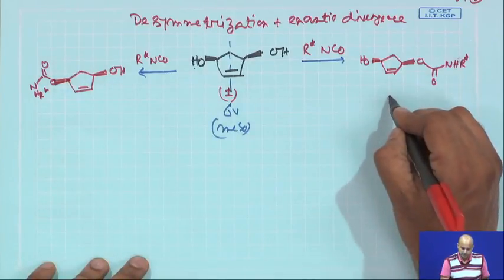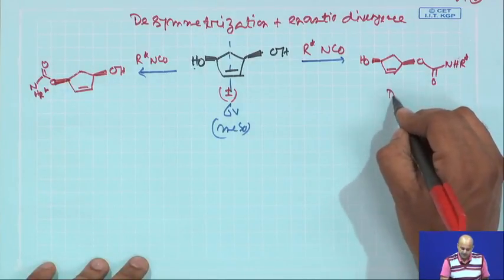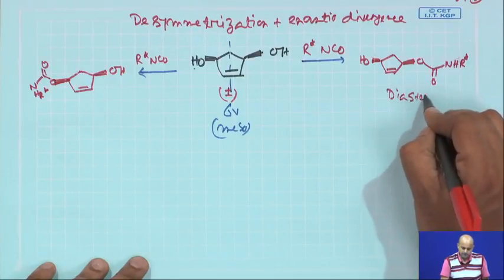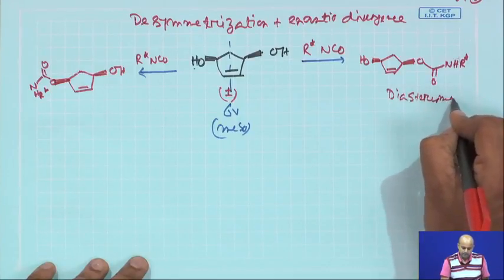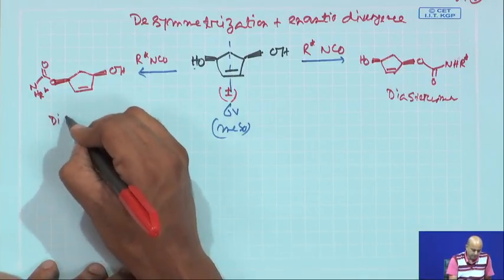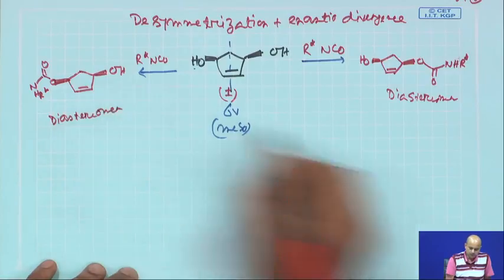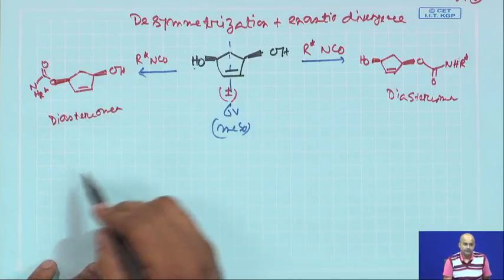As we said, diastereomers have different physical properties, so they can in principle be separated out.